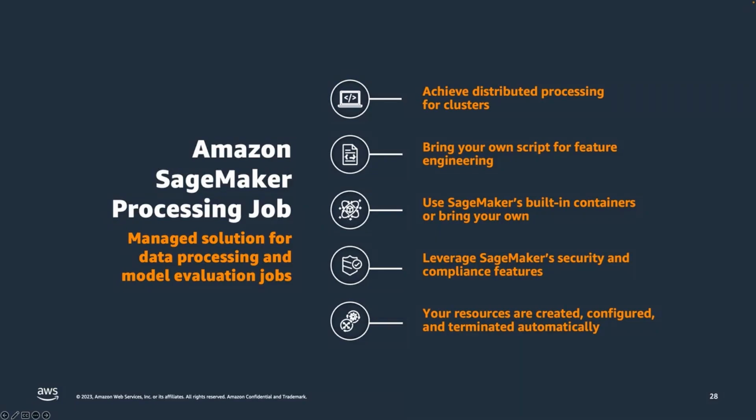The framework processors also have built-in containers for Hugging Face, MXNet, and XGBoost machine learning frameworks. All the resources which are created are created as part of the processing jobs. They're configured, run, and terminated automatically. So you only pay for the amount of time the processing job was running.